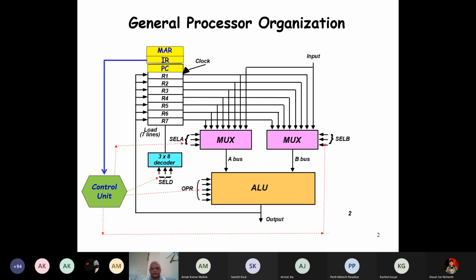As we know from the first class itself, both data and instruction are stored in the memory. The program counter contains the address of the instruction to be fetched, and the memory address register contains the address of the data to be fetched, if it is a memory access like load, store, and so on.